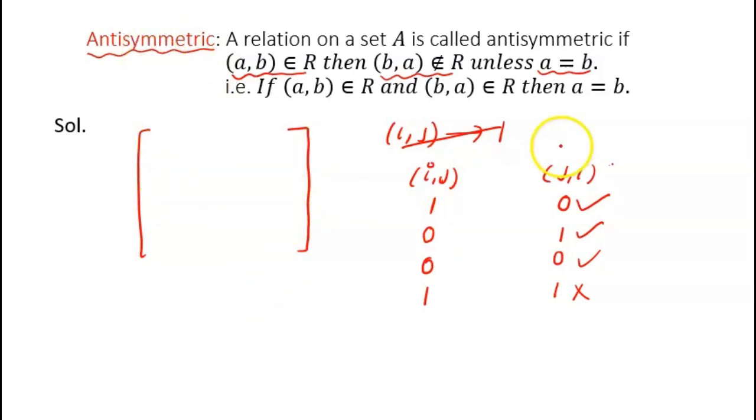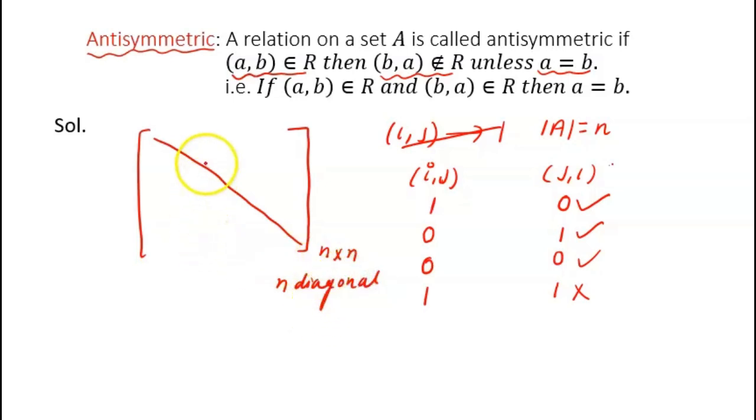So again, if I say that the set on which I have defined the relation has n elements, then the matrix representation will be an n cross n matrix, and out of this there will be diagonal elements. So there are n diagonal elements, and how many elements are below the main diagonal and above the main diagonal?